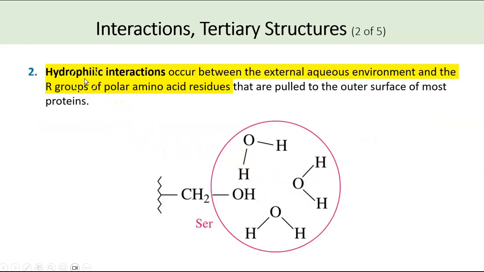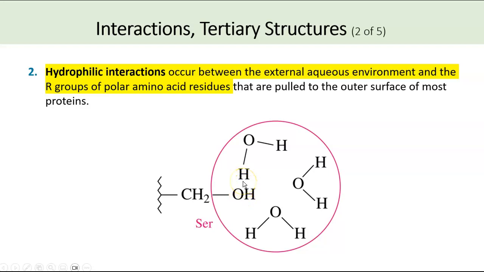The second type of interaction is the hydrophilic interactions. You know what type of groups will make these hydrophilic interactions. Obviously, those have to be polar amino acid residues, the amino acids that contain polar R groups. For example, the serine amino acid contains the CH2OH group. When there are polar groups like hydroxyl, they like to make interactions with water, right?